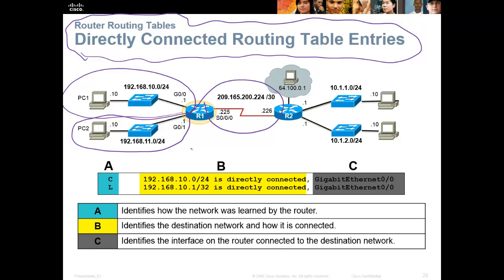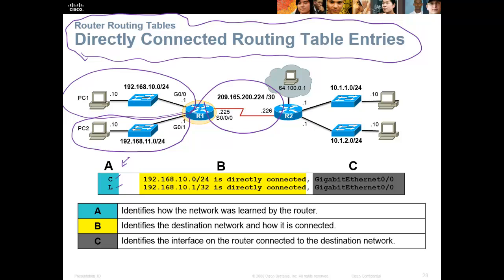Routes for directly connected networks are very simple. First of all, we have part A, which identifies how the network was learned about the route, because the router needs to learn about the network. So in this example, C is for connected and L for local.